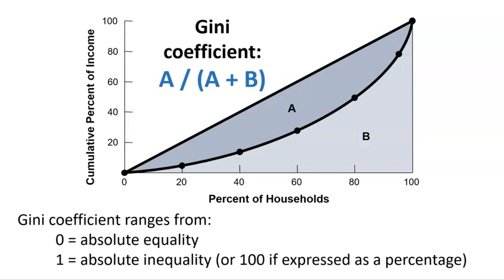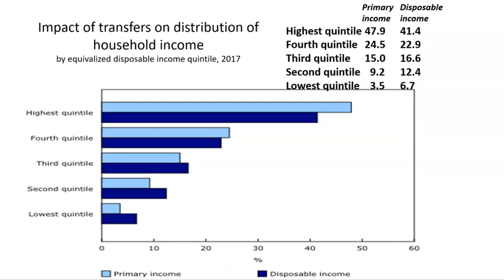Well, I want to give you an illustration of how government policy can influence the Lorentz curve and therefore the Gini coefficient. So what this is showing is, again, income data for Canada in 2017. On the left-hand side here in this column, we see the values that we've seen before.